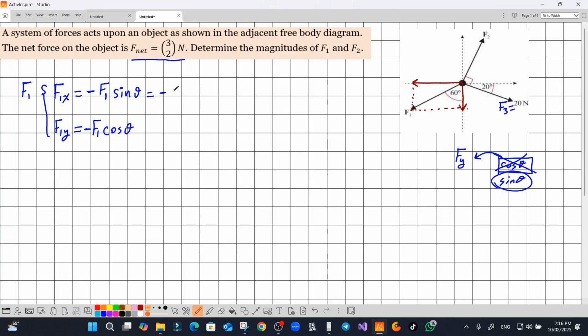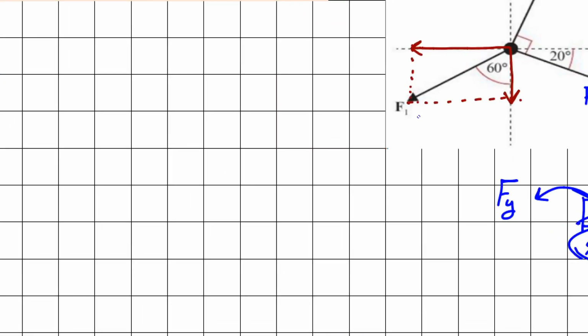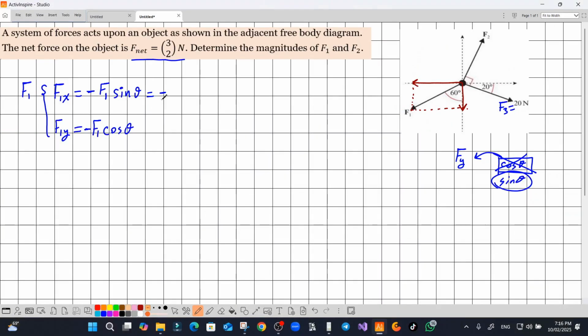So we will get minus F1, since F1 is not given, I will keep it unknown, sine, the angle is 60, as well as here, minus F1 cosine 60.